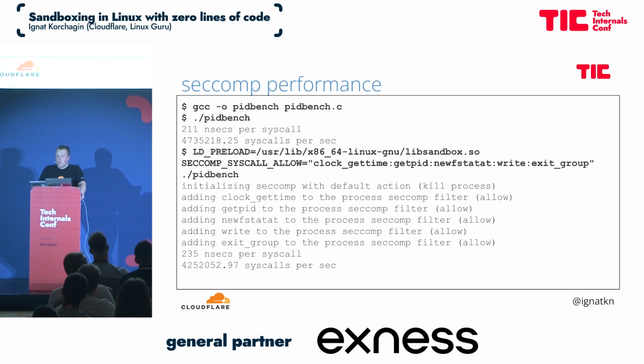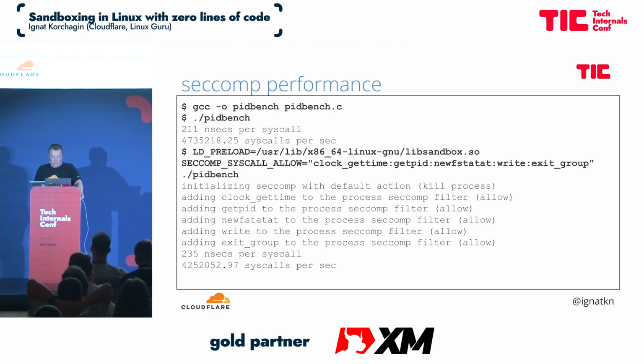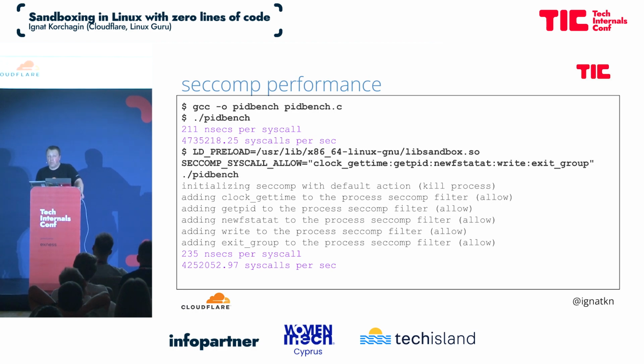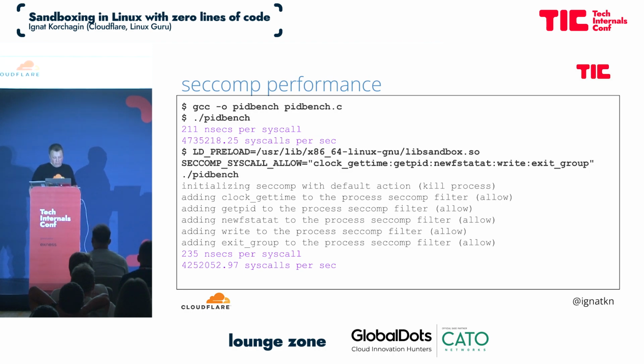And if we compile this application, and I was running it in my VM on our Kubernetes cluster, which is not very powerful, but not very not powerful, I get around 211 nanoseconds per system call, per getpid operation. If I rerun it under a seccomp policy with a minimum allow list, I get 235 nanoseconds per system call.